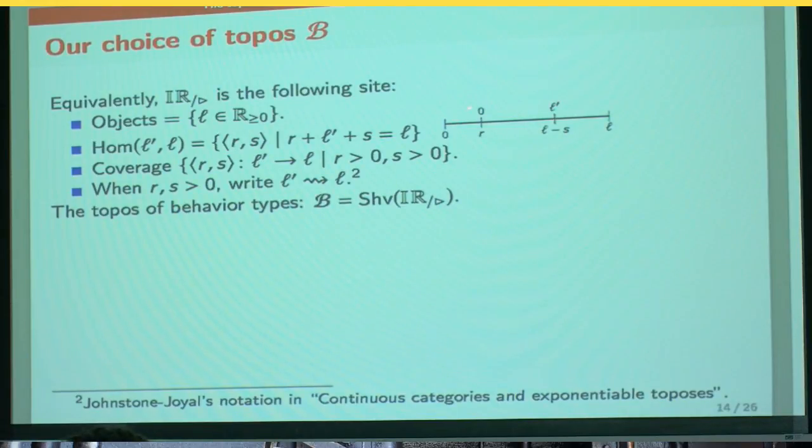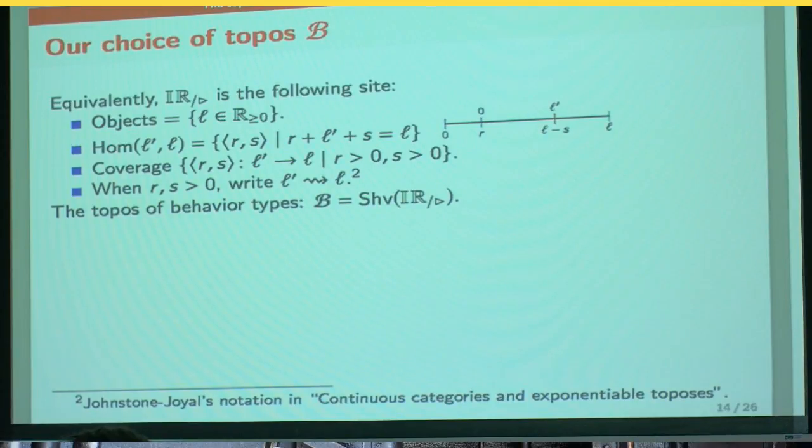A morphism from 0L prime into 0L is just a decision about how far on the left and how far on the right, R and S, to put this interval here. I don't think this diagram is very good, but basically I'm putting R on the left, S on the right, and so R plus L prime plus S equals L. And those compose in kind of an obvious way when you write it down.